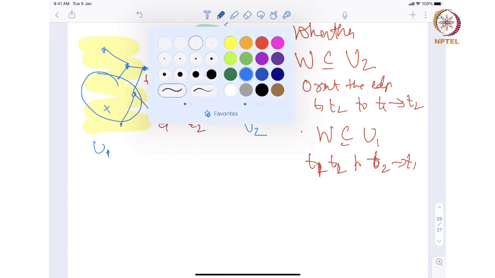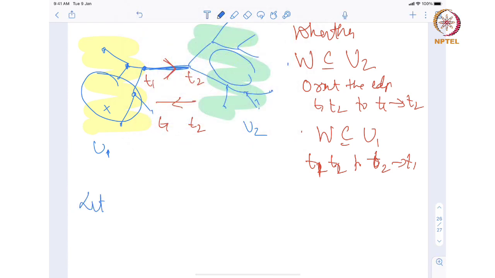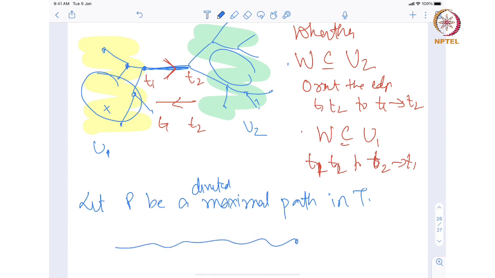And now, what will we do? Let P be a maximal, directed maximal path in T. So suppose this is a maximal directed path in T, and suppose this is my last vertex.